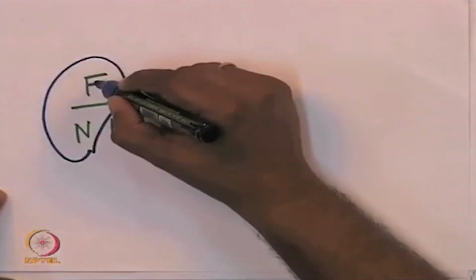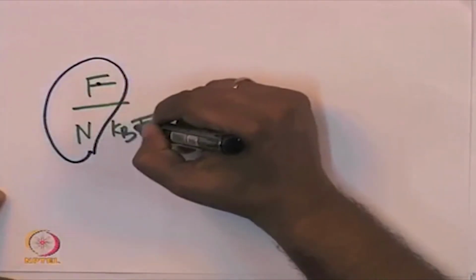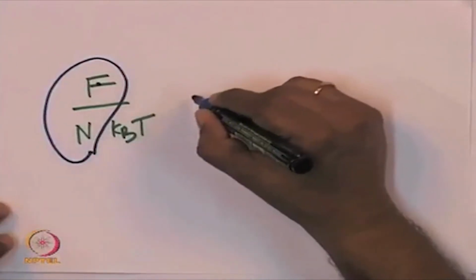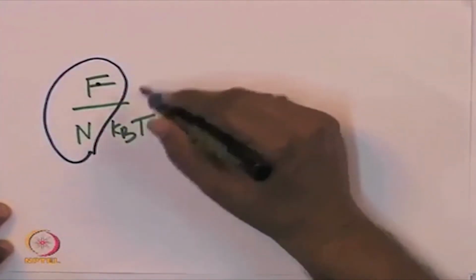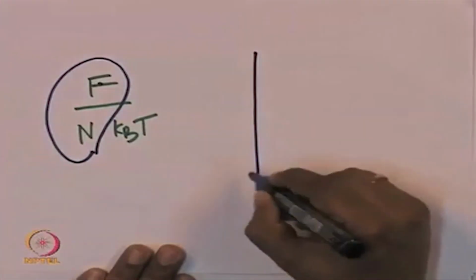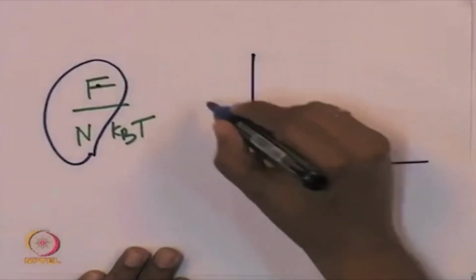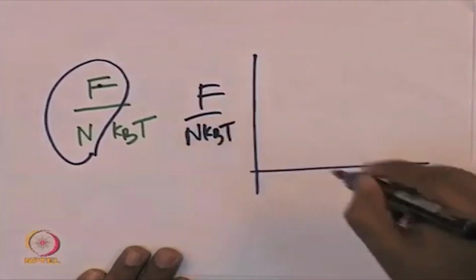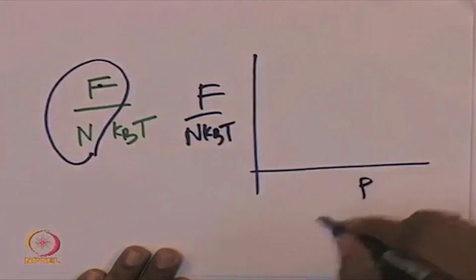This kBt is also energy. Just for simplicity, we will make it a quantity which is essentially free energy only, but we will write it in units of kBt. It is easy to plot if we have f by n kBt, so we will plot f by n kBt versus rho.